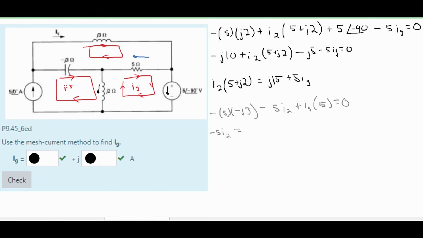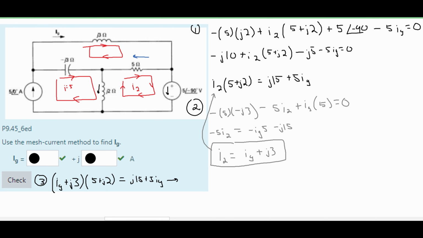Set equal to our negative I of G times 5. And then we will have a minus our J times 15. Now we can divide this in by saying that our I of 2 is equal to our I of G plus our J times 3.